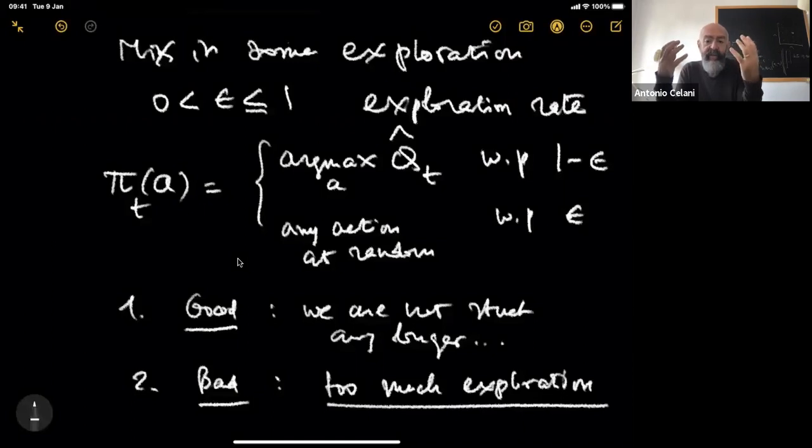So one way out would be, for instance, let's explore more at the beginning and less at the end. Or let's explore more when we have been sampling this action poorly and explore less when we have been sampling this action a lot. Okay? So we have to find out a way to balance these two things.